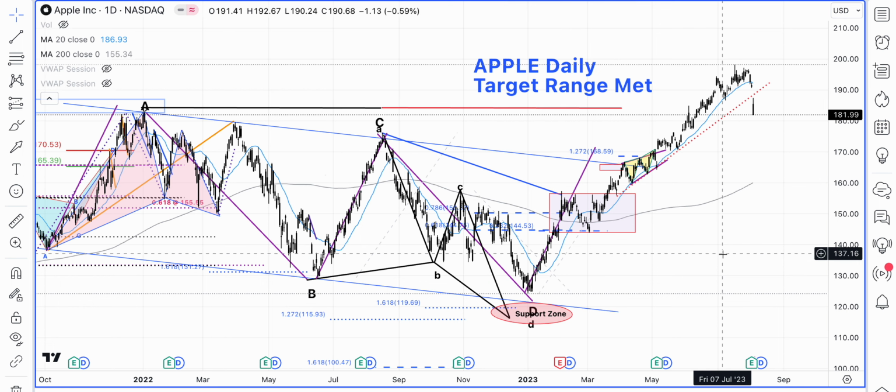It is something we like to watch on the daily chart from a shorter-term momentum perspective. Ideally we like the price to be closing above the 20-day moving average to give us an indication of positive momentum. Here the price convincingly closed below that last Friday. So this is something to watch for.